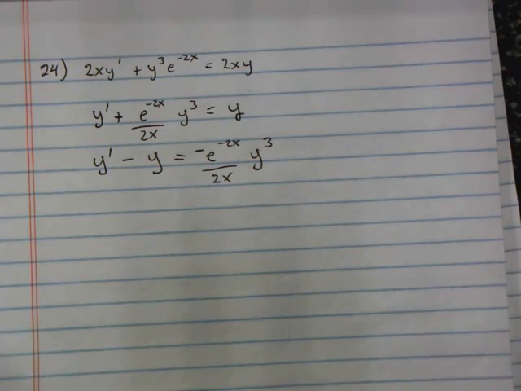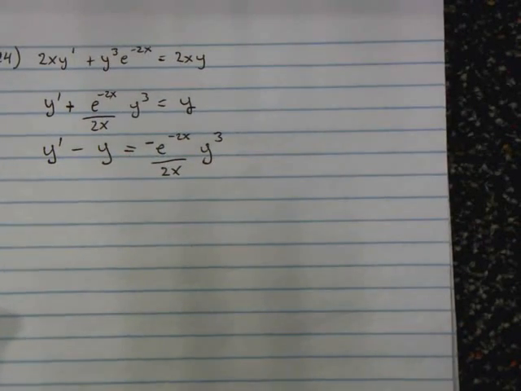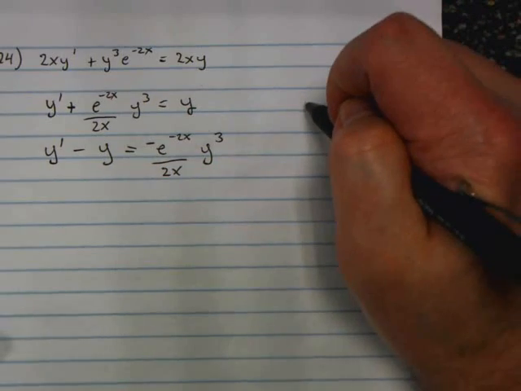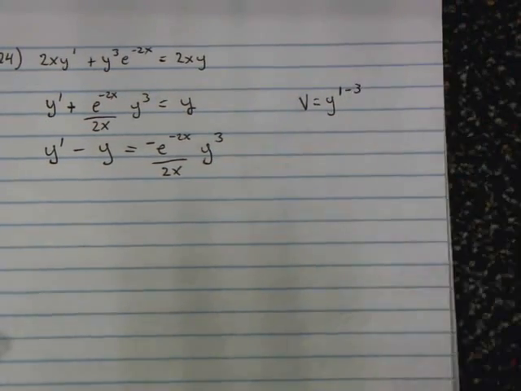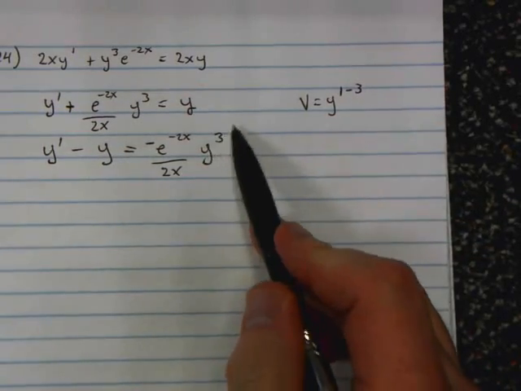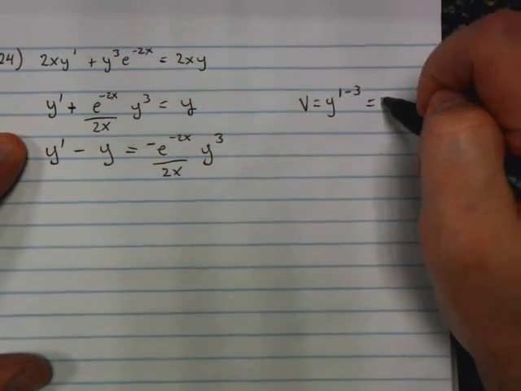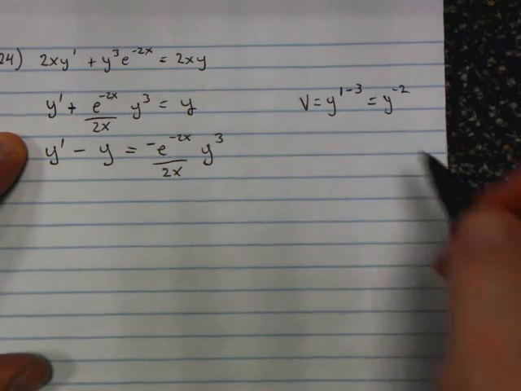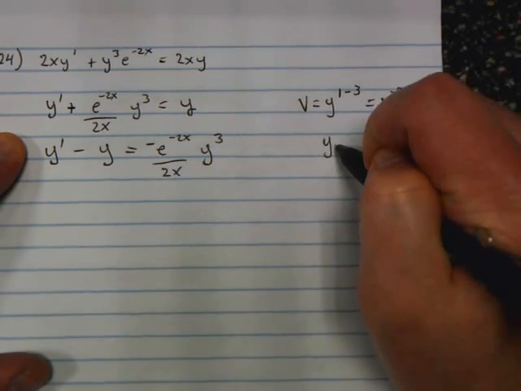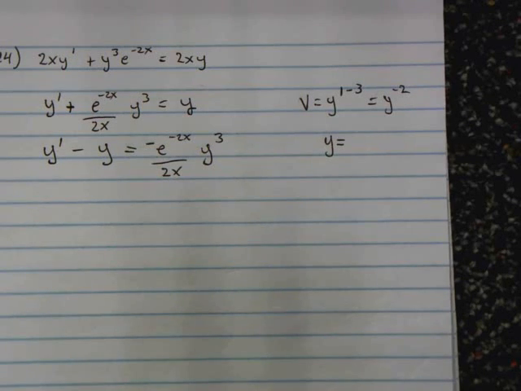All right. So we recognize it's Bernoulli, we make our substitution: v equals y to the 1 minus 3. It's always 1 minus whatever this power is over here. So that's y to the negative 2. Now we get y all by itself. What's y? v to what power?